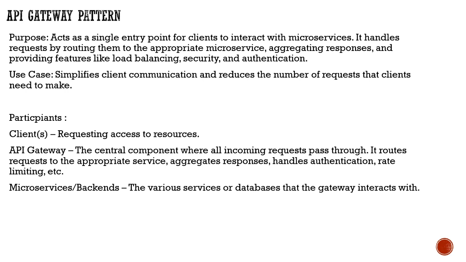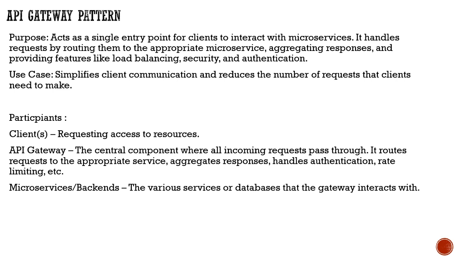So the very first design pattern is the API gateway. If you have heard of microservices components, this is one of the important components, where all the requests from the client land on the API gateway, and then it goes to the services.